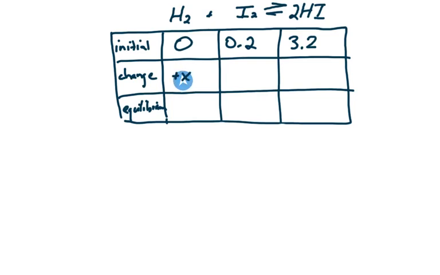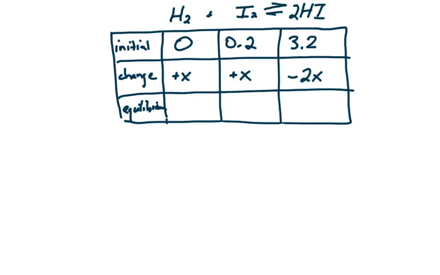It may not be a lot, but it's going to be some positive value. Okay? So because iodine is also a reactant, the change in concentration is also going to be plus X. What's the change in concentration going to be for hydrogen iodide? Well, for every 1 mole of this that's made, 2 moles of this is consumed. This is a product, so while the reactants are plus X, the product will be minus 2X. We just pull down the stoichiometric coefficient here.